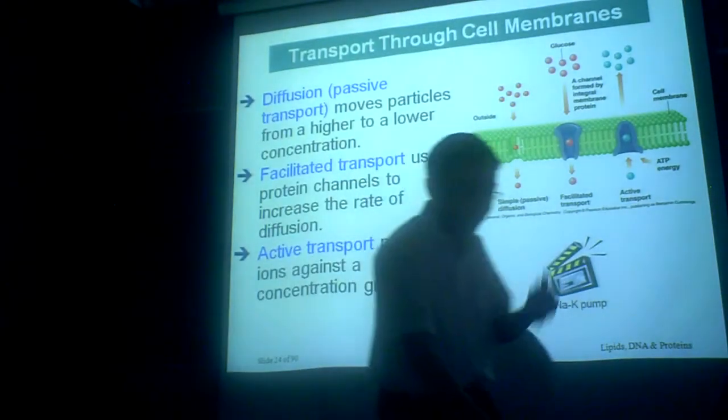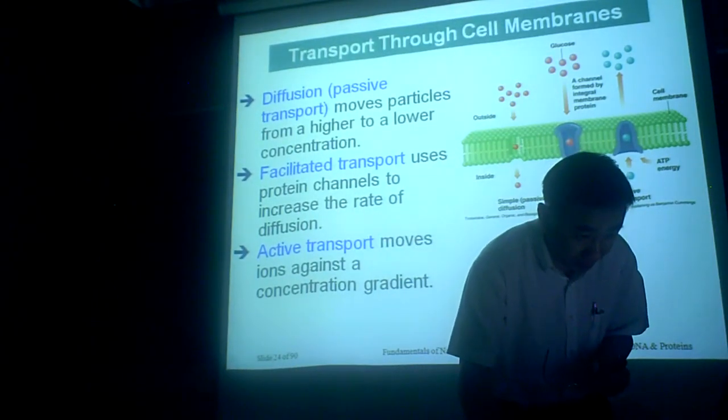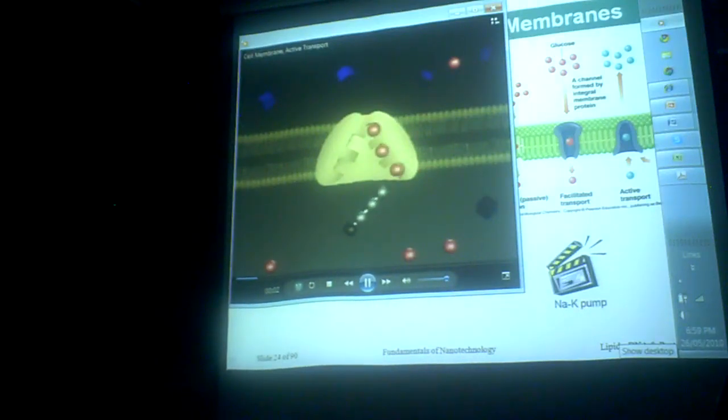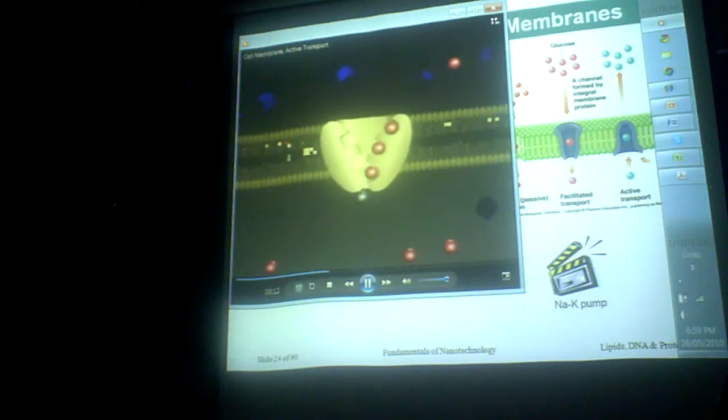So this is one of the ideas: sodium inside the cell binds to the protein. The addition of a phosphate group from ATP changes the shape of the protein, and the sodium is expelled. Three sodium expelled, right? Now potassium binds to the protein.